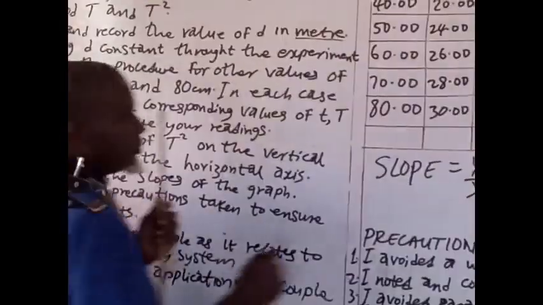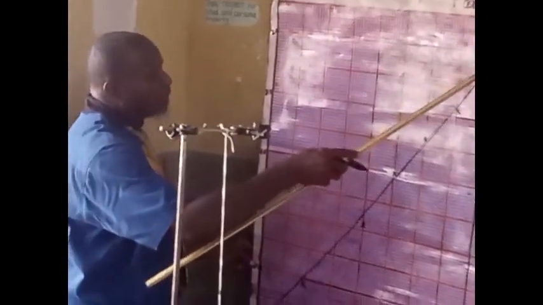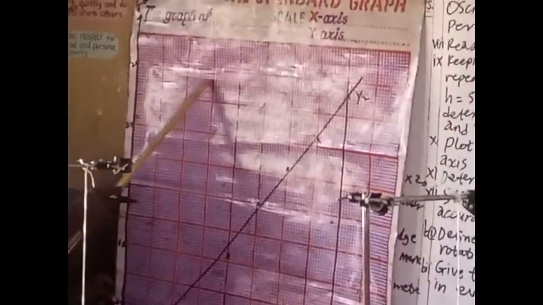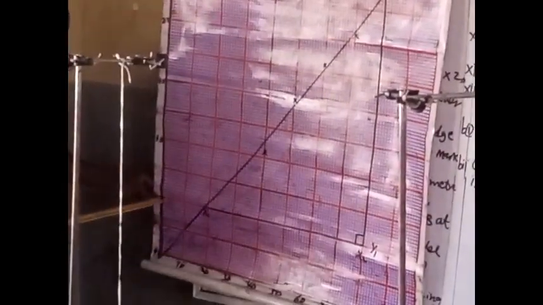Now our y2 is 2.40. For y1, you trace it from here to the y-axis, that is 0.5.